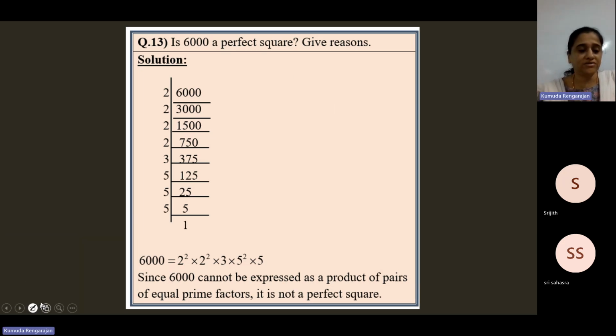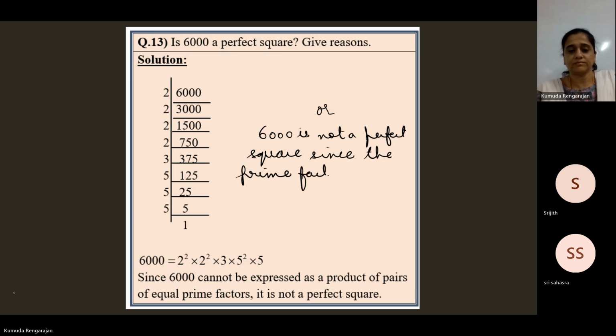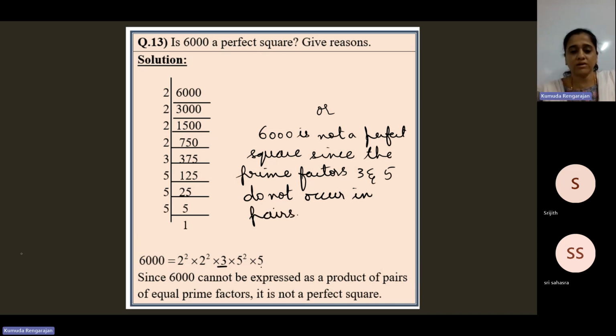I'm saying the alternate reason. You can even underline that in your answer.